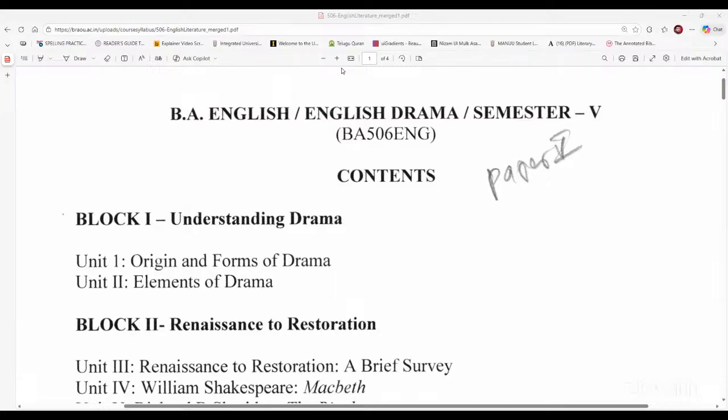So far, we were talking about elements of drama, right? We have plot, character, dialogue, setting, spectacle, and etc. as different elements of a drama, which means a drama is incomplete without these elements. Now let's move on to forms of drama, or forms of especially English drama.